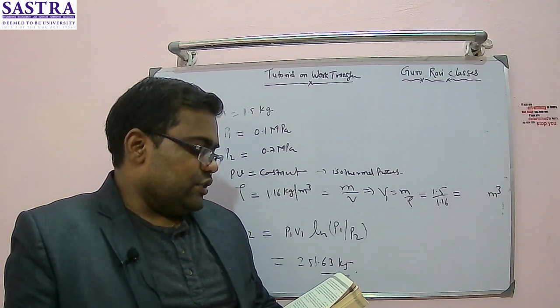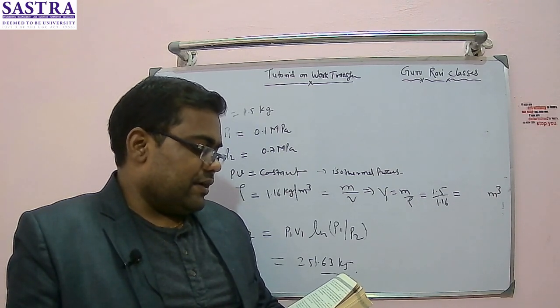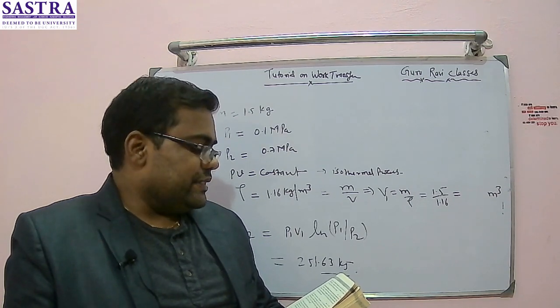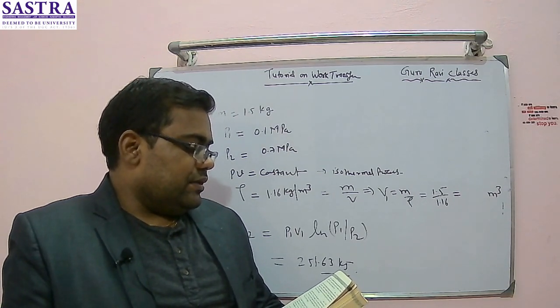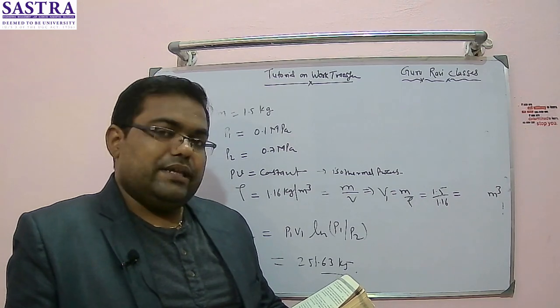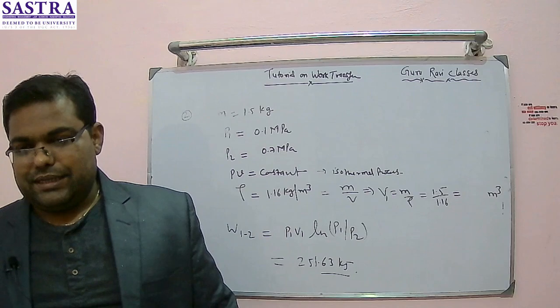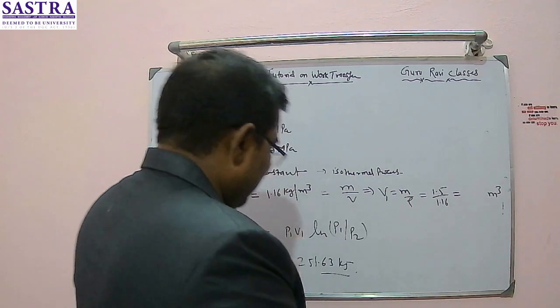Assuming that pressure and volume are related by P V to the power n is equal to constant, determine the work done by the gas system. So now it is a polytropic process, right? And in a similar way you can solve.